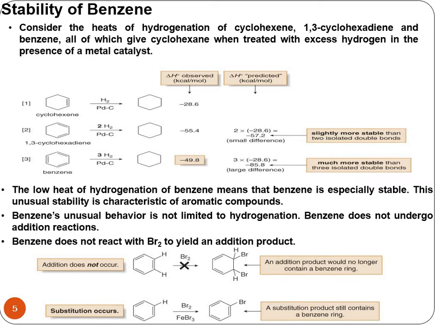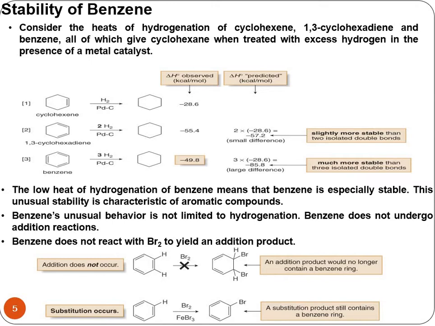So cyclohexane, 1,3-cyclohexadiene and benzene. 1,3-cyclohexadiene is slightly more stable than two isolated double bonds. You can see small differences. And benzene is much more stable than three isolated double bonds. Minus 85, large differences.